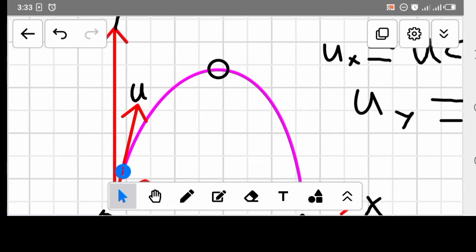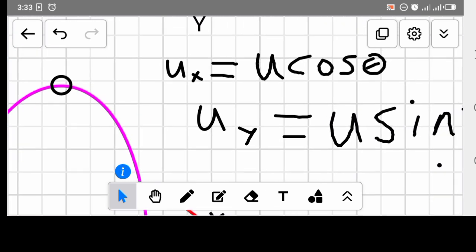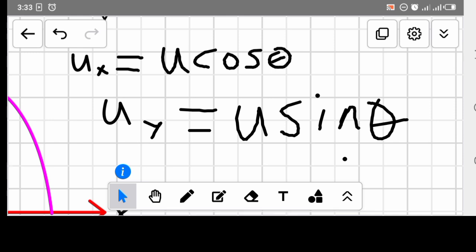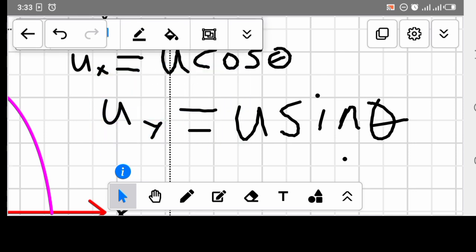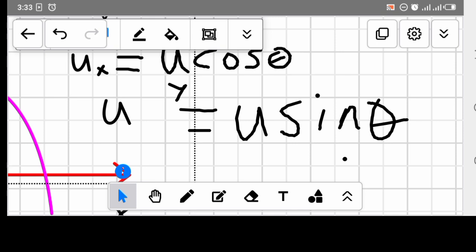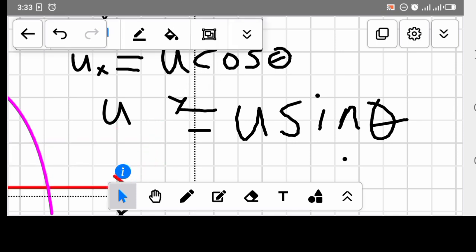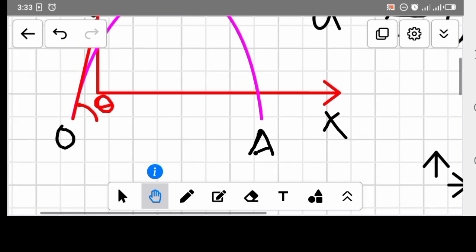The total velocity u is the velocity it takes to move both upward and forward. We can break that velocity down into the forward velocity, which is horizontal, ux equals u cos theta, and the upward velocity, uy, which is u sine theta. So u here is the total velocity. This one is the velocity it takes to move upward, part of the total velocity, while this is the velocity it takes to move forward, which is also part of the total velocity.